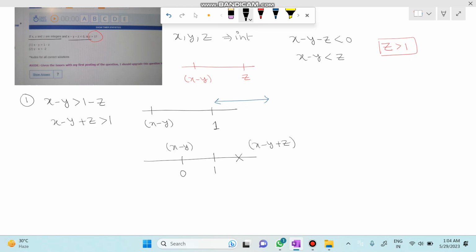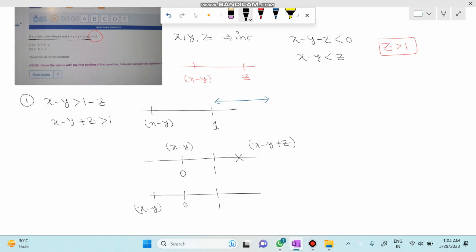Now if I further move x minus y towards the left of 0, by which I mean if x minus y is negative, let's look at that scenario. This is 1, this is 0, and if x minus y lies to the left of 0, wherein x minus y is negative, to move this sum towards the right of 1 will only be possible when z is greater than 1.